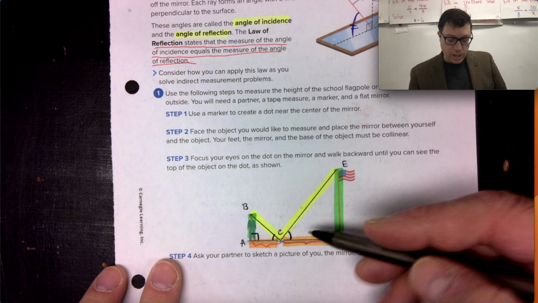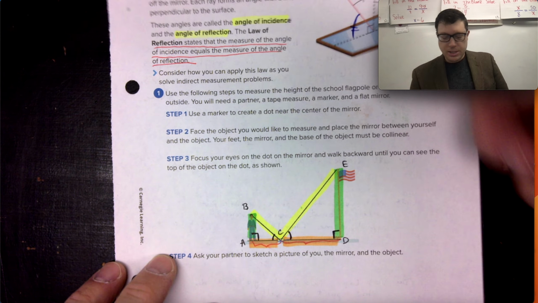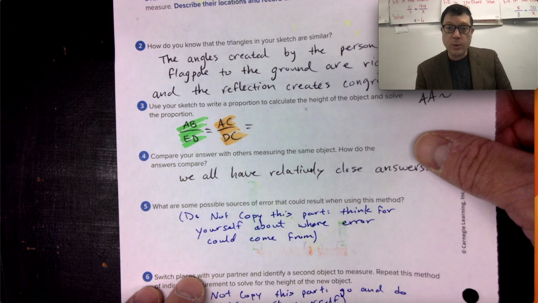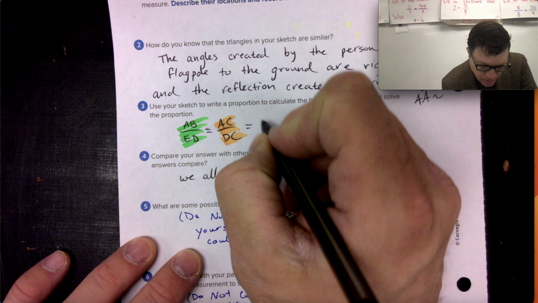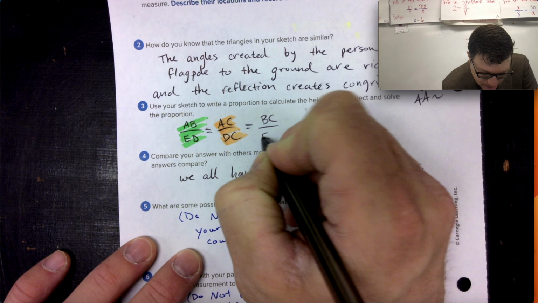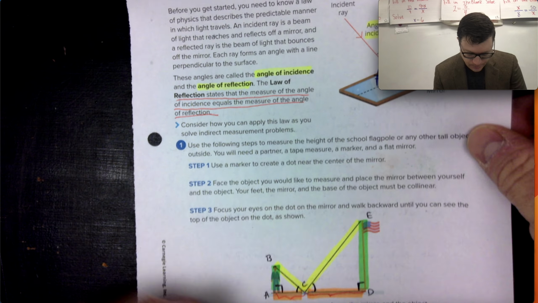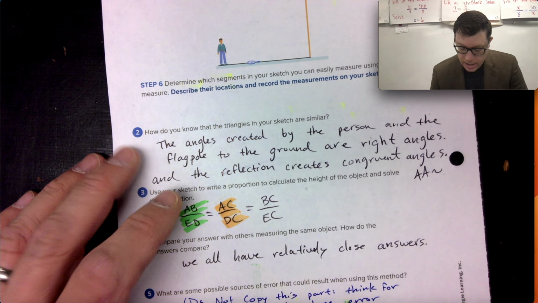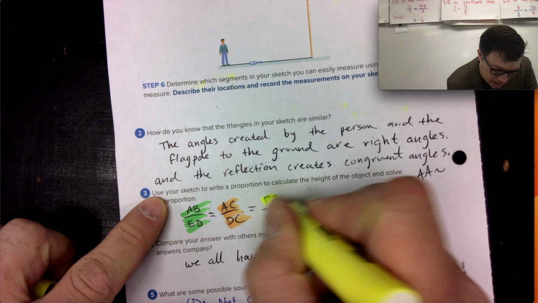So we need to know how long those lines are sometimes, and this would be the fraction that we could use to come up with that information. BC over EC. Let me check that again just to make sure. Yeah, EC and BC. There they are. Those also are going to be highlighted yellow because they came from the yellow highlighted lines.